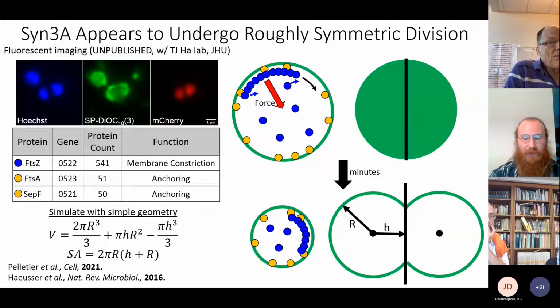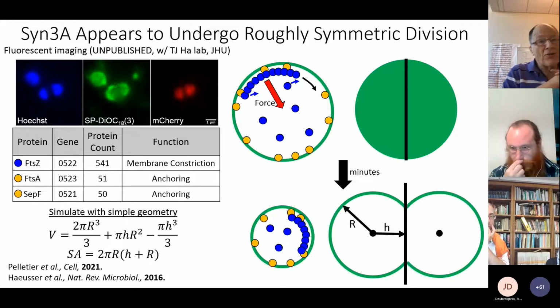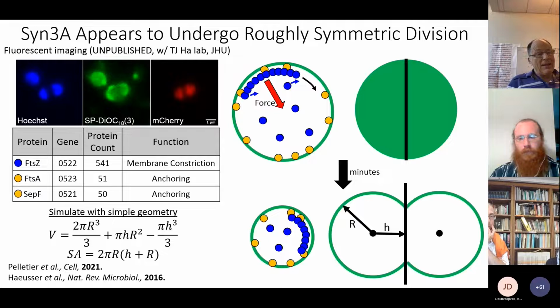A number of the folks who are listening today work with a different near minimal cell system, Mycoplasma pneumoniae. In pneumoniae, I can imagine how the genome might be pulled into the 2 daughter cells by the tip structure. I think it is known that the genome is attached to the tip organelle.